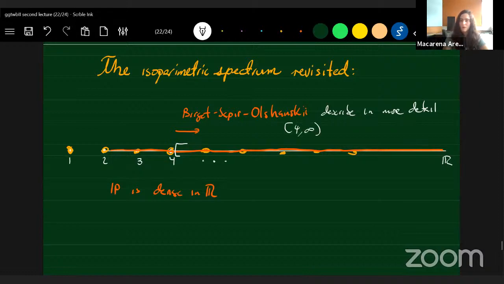I'm not going to get into that, but I just wanted to mention that nowadays we have much more precise information on what kind of functions can be isoperimetric functions, can be dense functions in this interval.